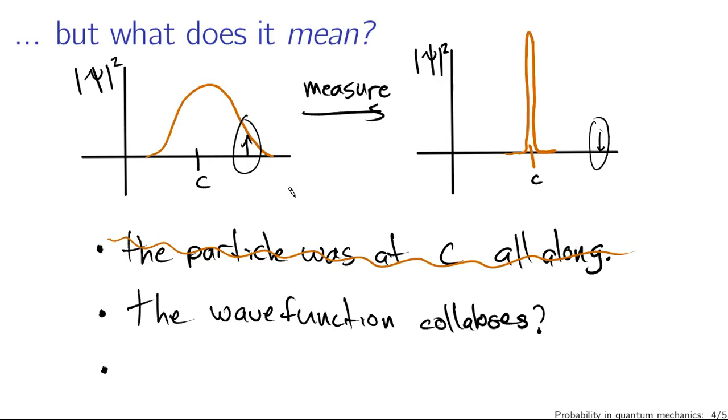Don't worry too much about that, but the interpretation issues in quantum mechanics are really fascinating once you start to get into them. You can think about this as the universe splitting into many little sub-universes where the particle is observed at a variety of locations. One location per universe, really.